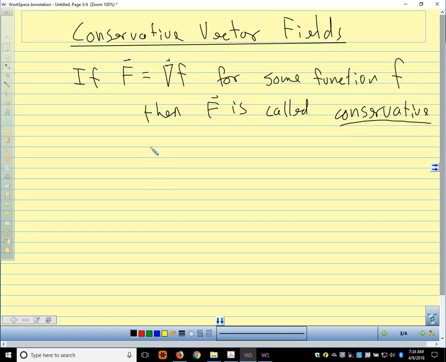And the small function f is called the potential function.